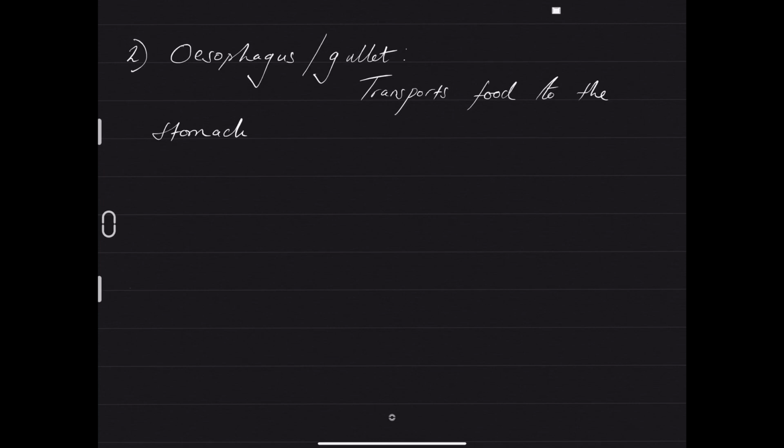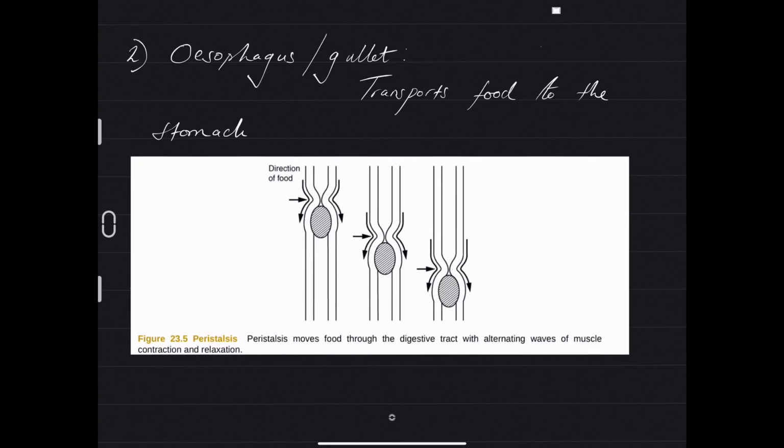So esophagus or gullet transports food to the stomach, and this is done by a specialized set of muscle cells or muscle layer. That mechanism in action, known as peristalsis, is where the food is being moved through the digestive tract via the contraction and relaxation of specialized muscle tissue.